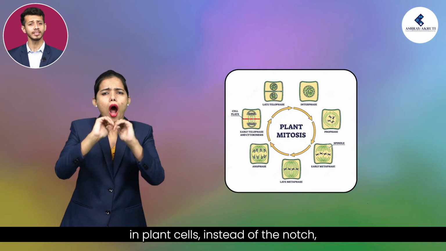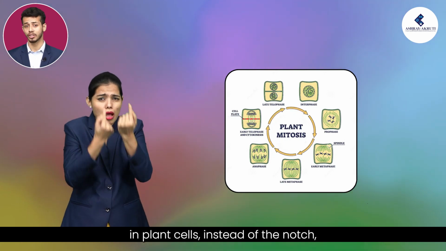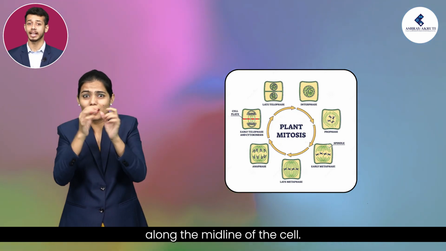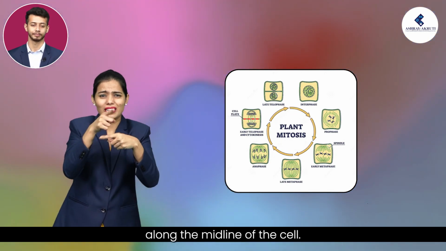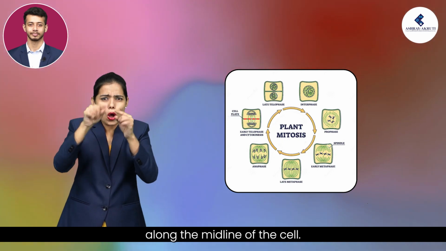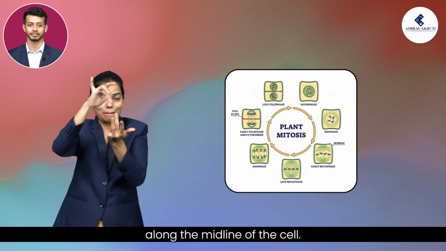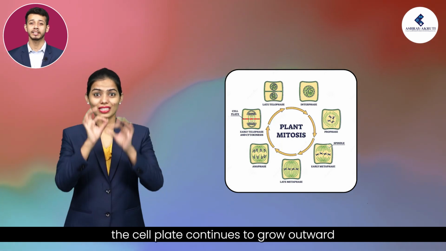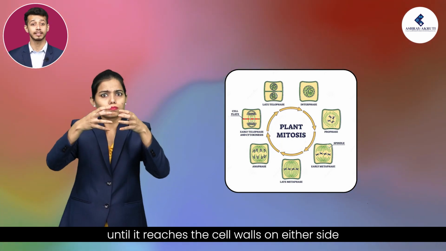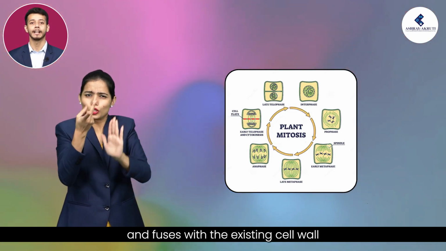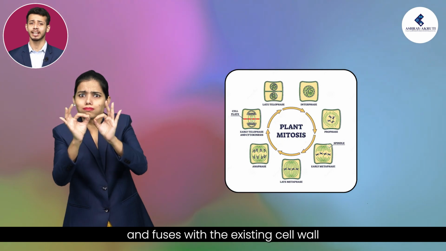However, in plant cells, instead of the notch, a cell plate is formed exactly along the midline of the cell. The cell plate continues to grow outward until it reaches the cell walls on either side and fuses with the existing cell wall.